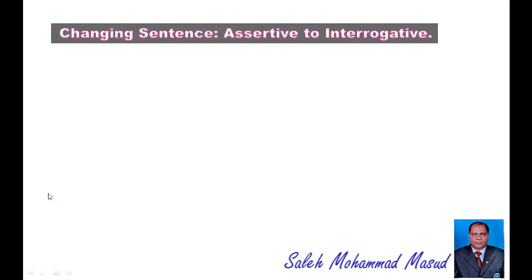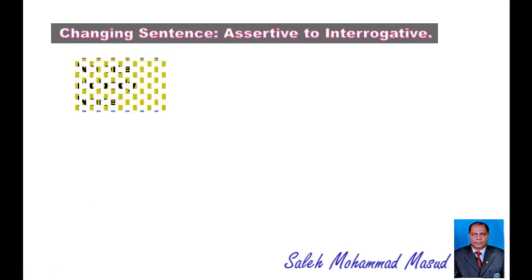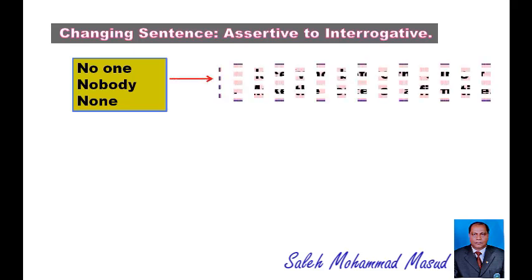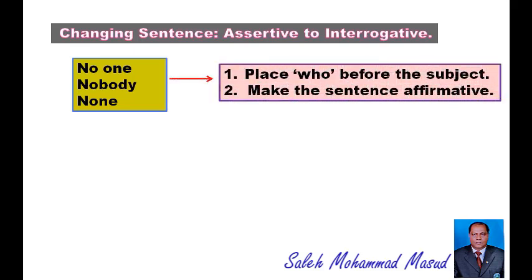Next rule. If there is any sentence which begins with no one or nobody or none, to make it interrogative, place who before the subject and make the sentence affirmative.